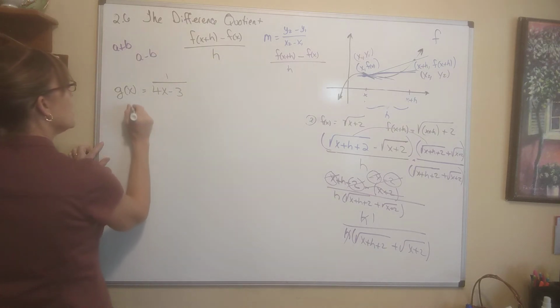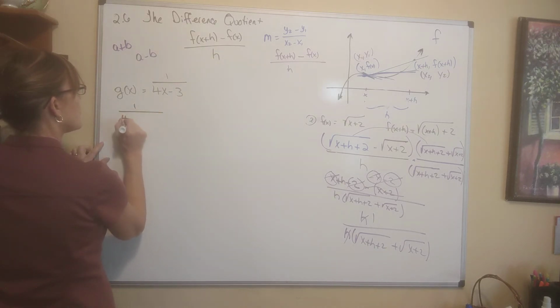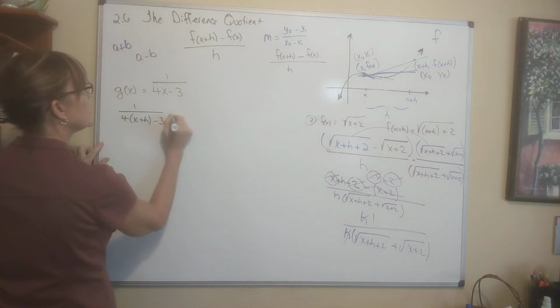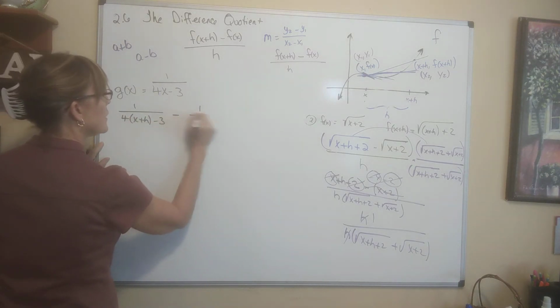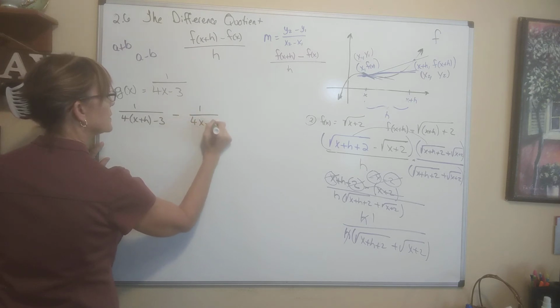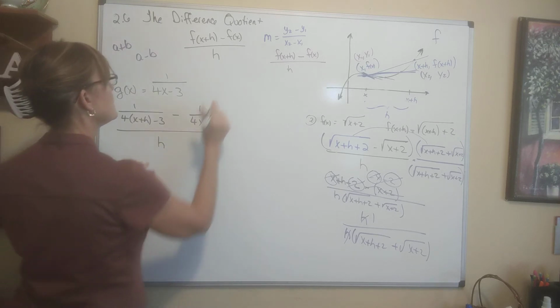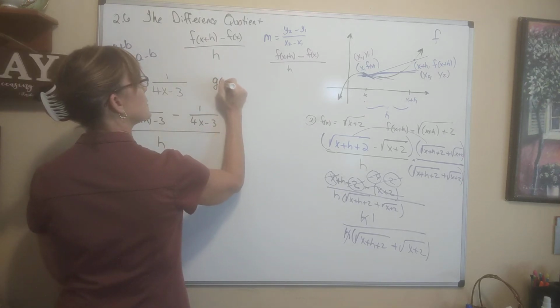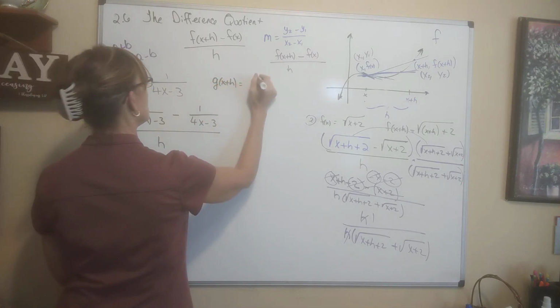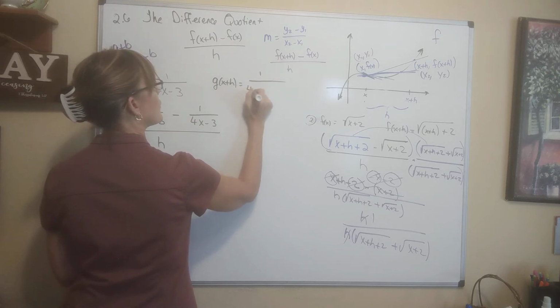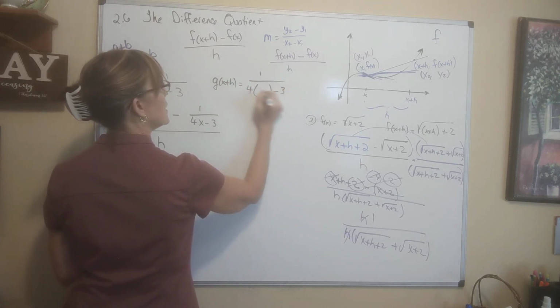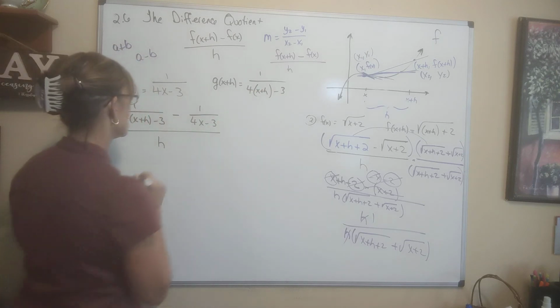So it's going to be like this: 1 over 4 times x plus h minus 3, minus 1 over 4x minus 3, all over h. This is the constructed difference quotient. Right here, g of x plus h would simply be 1 over 4, and I replace that x with x plus h, just like that.